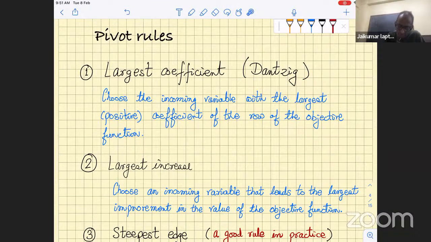pivot rule was proposed by Dantzig, who actually invented this problem, and you should read the wiki entry for Dantzig. It turns out that he solved two open problems in the area of statistics through a misunderstanding.